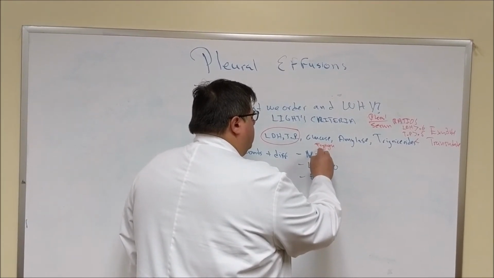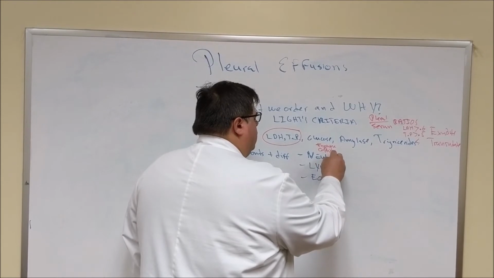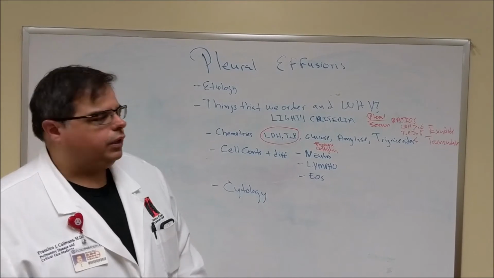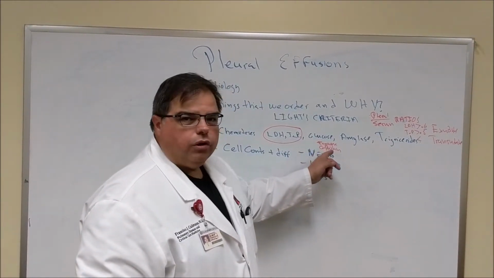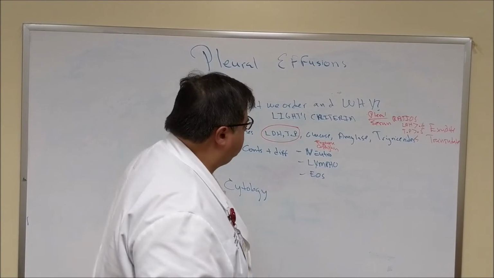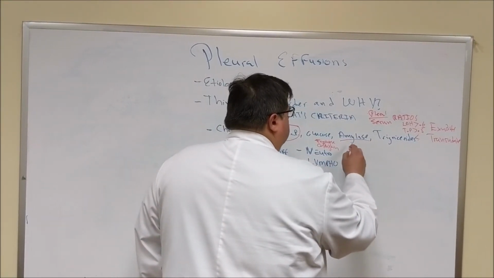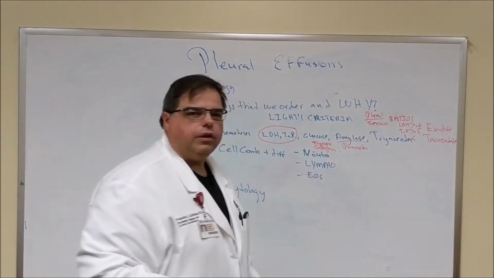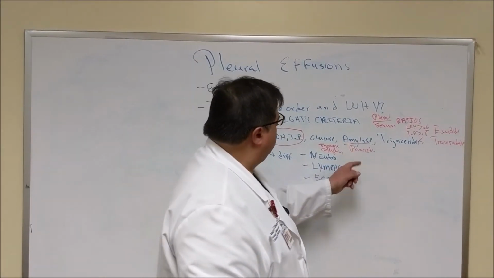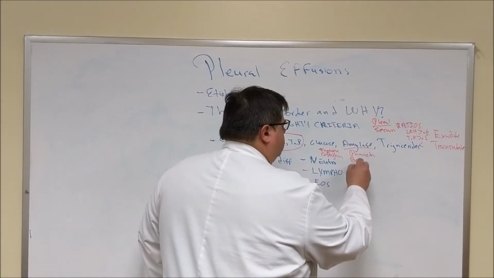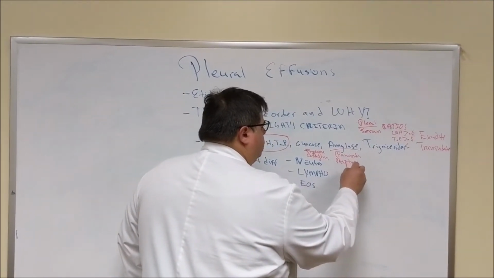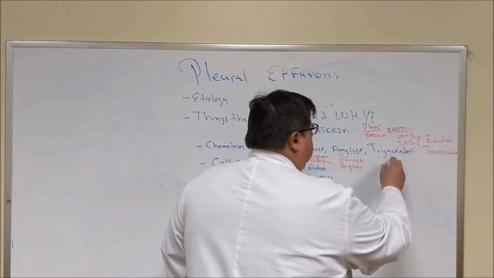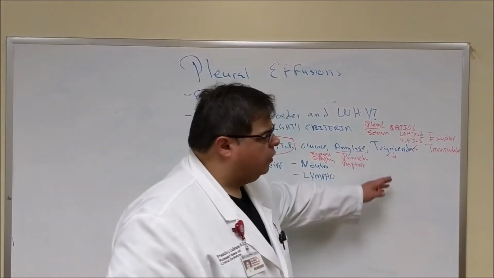Another time you'll see low glucose is when you have somebody with a collagen vascular disease, rheumatoid arthritis, etc. Amylase: in this instance, you can have problems because of pancreatic issues, fistulas, usually with the effusion on the left side, or rupture of the esophagus.